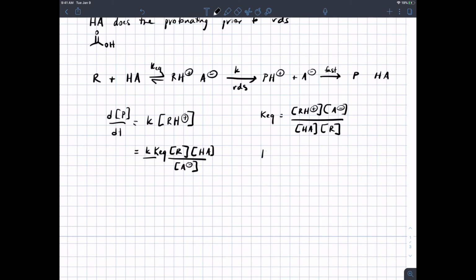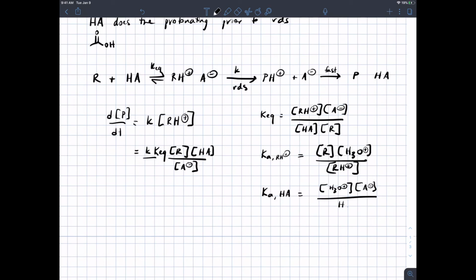So if we write the expression for Ka for our protonated starting material like we did earlier, that's R times the concentration of H3O+ divided by the concentration of RH+. And we also know the Ka of our acid, which is going to be H3O+ times the concentration of A minus divided by the concentration of HA.